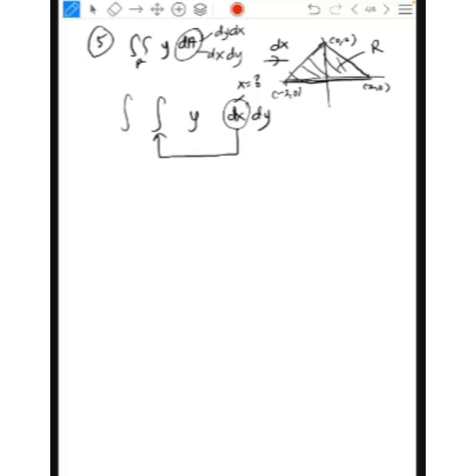Okay, meaning if you come from the left with dx, you will see this line first. Okay, and then as you walk along, you will see the right line. Okay, and then your y will be from 0 until 2 here.